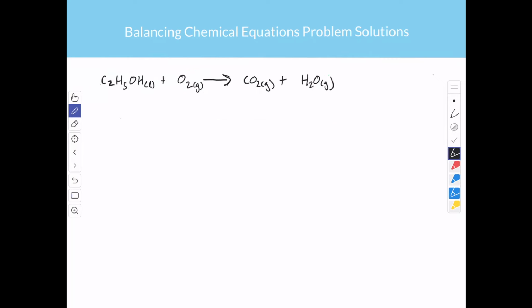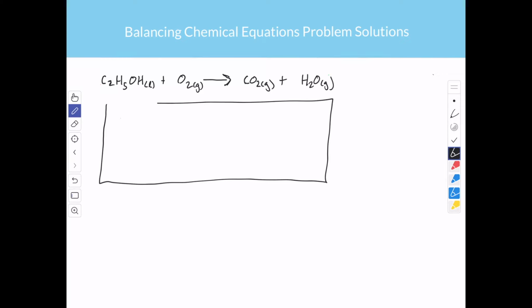All right, the last problem we had was needing to balance C2H5OH, which is ethanol, plus oxygen gas, making carbon dioxide and water. So we do our chart, as always. Place our elements. Break it up into reactants and products.